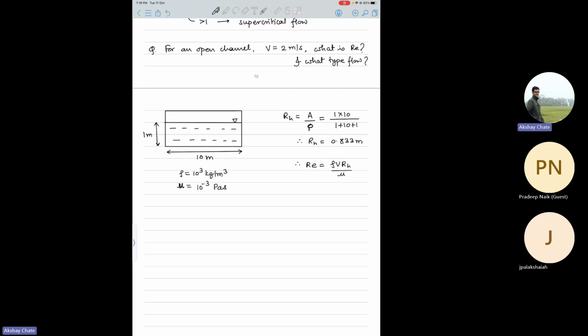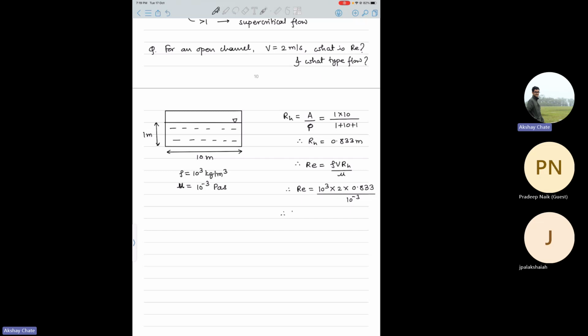I mean, exact values, obviously you know better than me, but I'm going with the Google here. So it is giving me 10 to the power minus 3 in standard units, which is Pascal seconds. So if you do that, you will get Reynolds number as 10 to the power 3 times velocity 2 meters per second times 0.833 divided by 10 to the power minus 3.